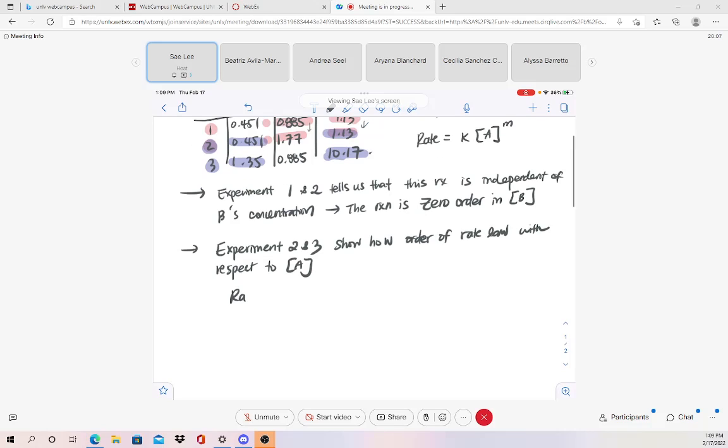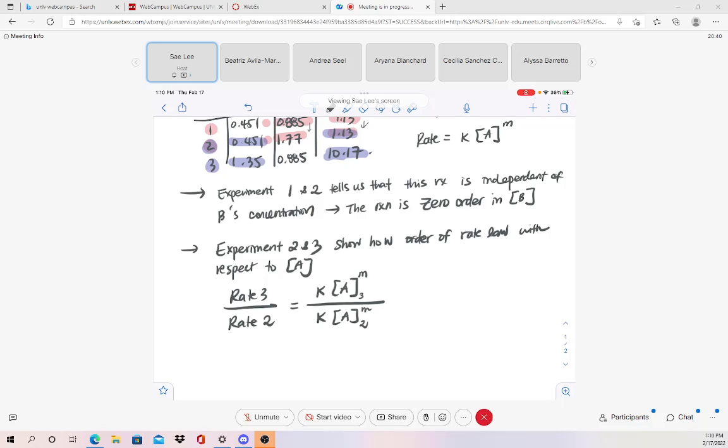The ratio of rate 3 over rate 2 equals rate constant k times concentration A from experiment 3 divided by rate constant k times concentration of A in experiment 2.